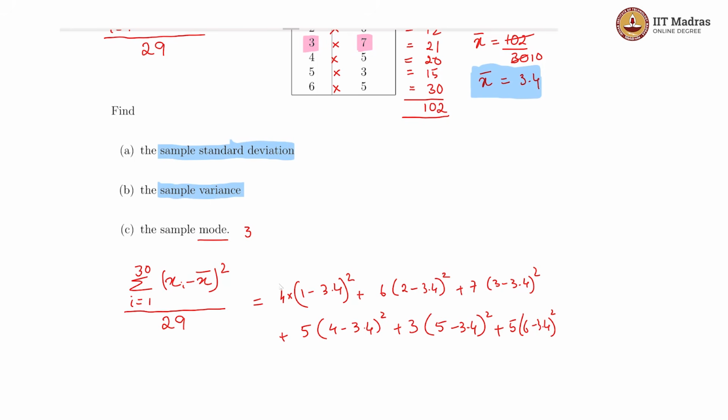And this entire thing is to be divided by 29.